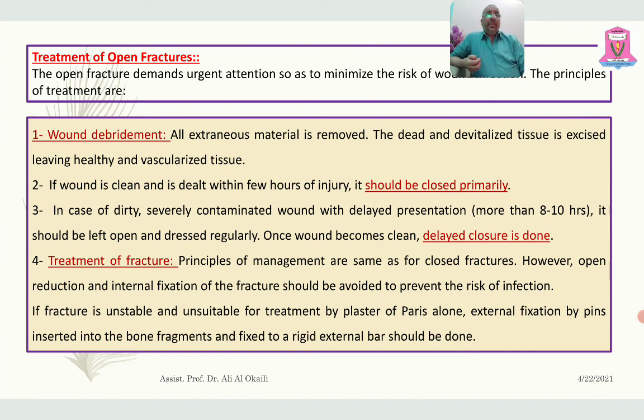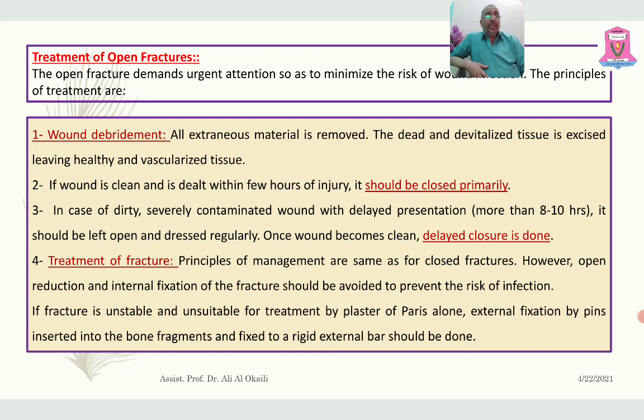Treatment of open fracture. The open fracture demands urgent attention so as to minimize the risk of wound infection. The principles of treatment are wound debridement, تنظيف الجروح: all extraneous material is removed and the dead and devitalized tissue is excised, leaving healthy vascularized tissue.